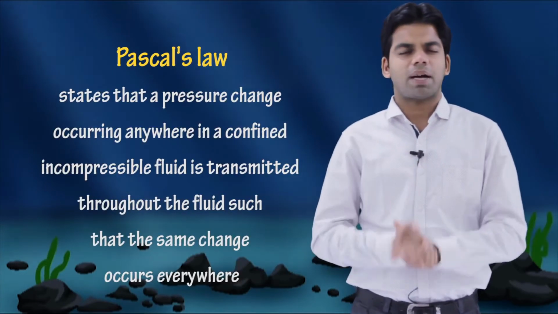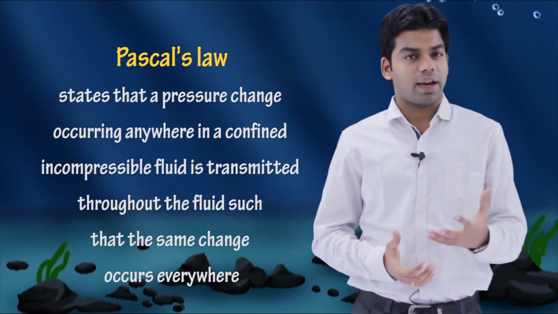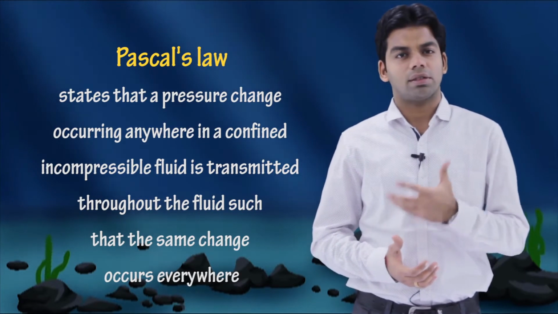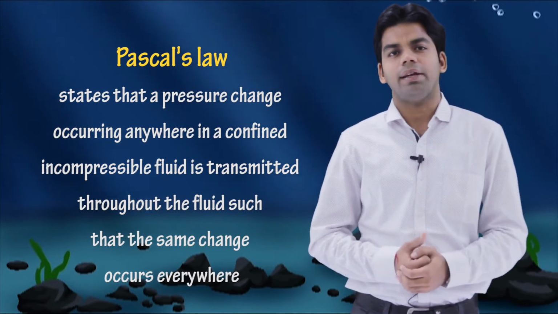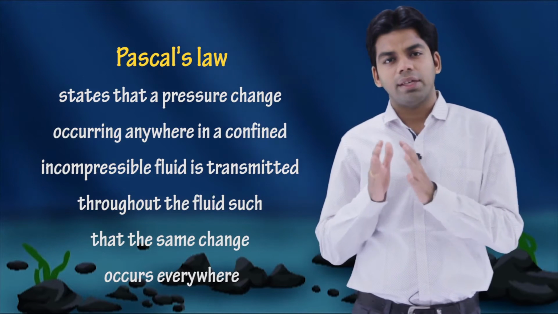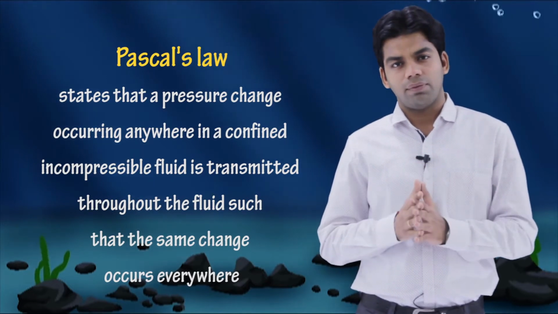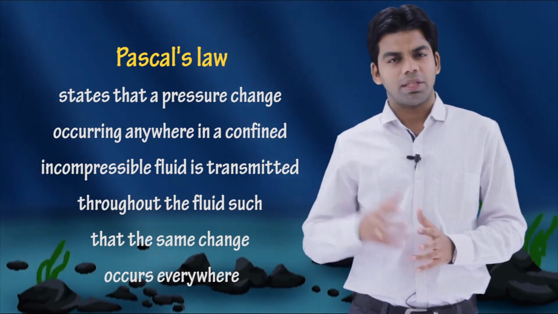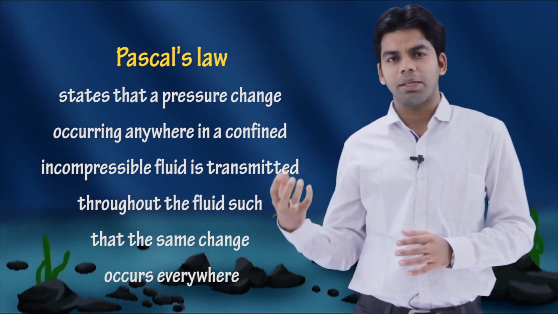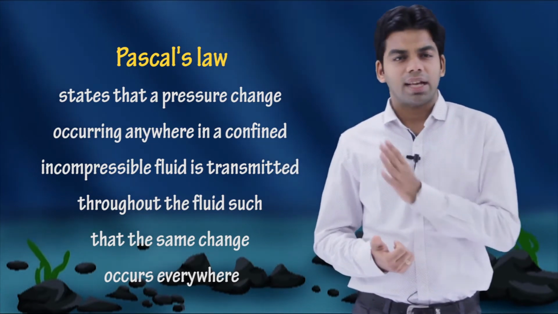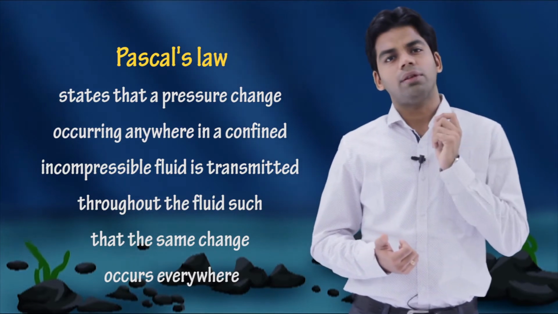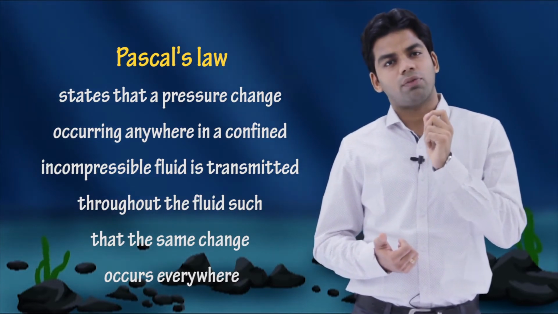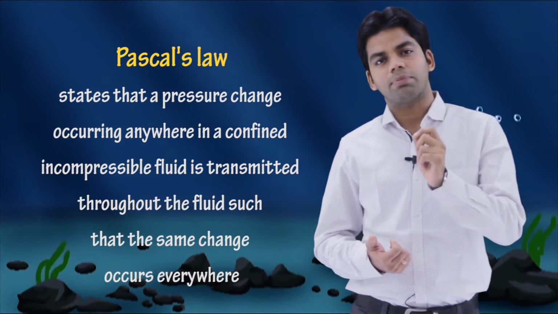Now another form of Pascal's law says that in a confined fluid, if I am applying the force or pressure at one end, each and every point of that confined fluid will have an equal increase in pressure. That means suppose I am applying P pressure at one end, the pressure at all those points of the confined fluid will increase by P amount.